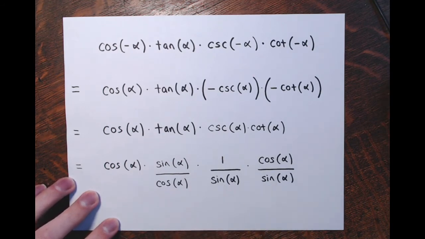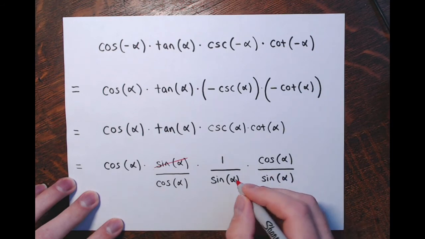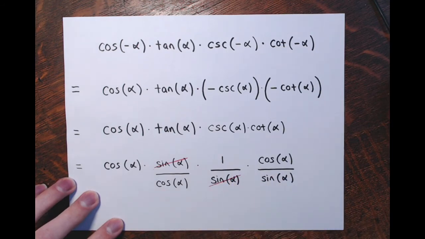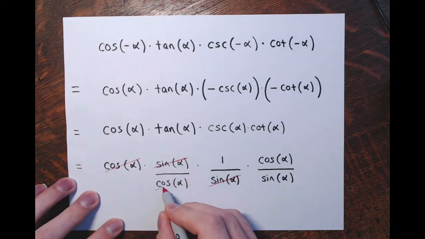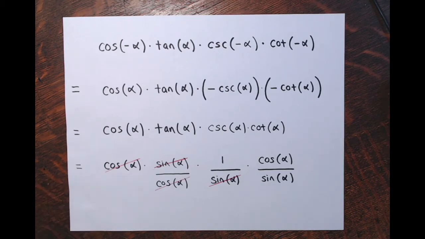So the factors that the numerator and denominator share that I can cancel, there's a sine of alpha here in the numerator and a sine of alpha in the denominator. There's a cosine of alpha here in the numerator, a cosine of alpha here in the denominator. So those all become 1, the number 1. And that's it. Those are the only common factors I can see that I can cancel in the numerator and denominator.